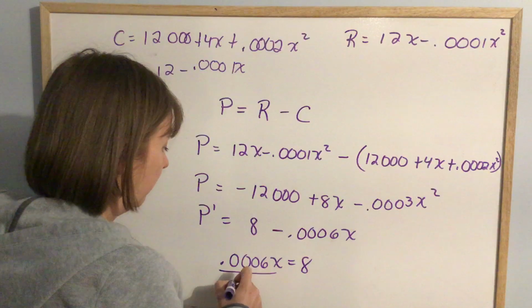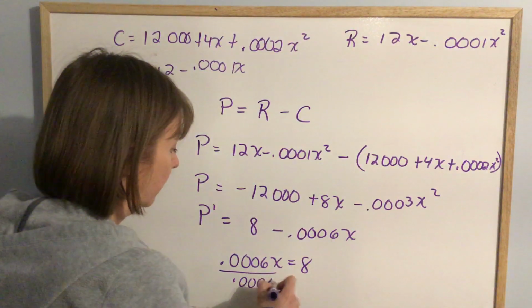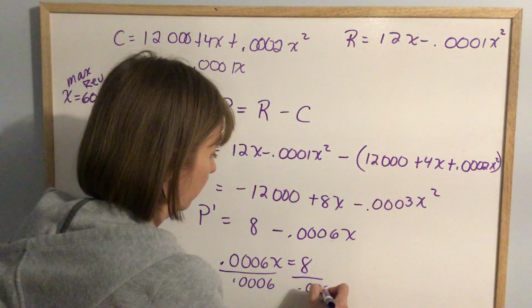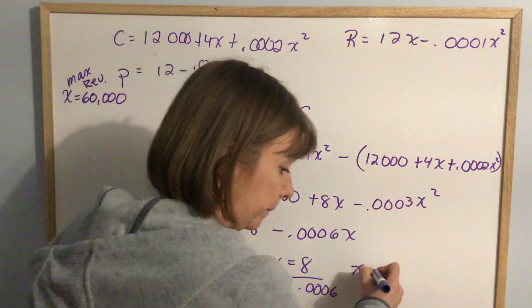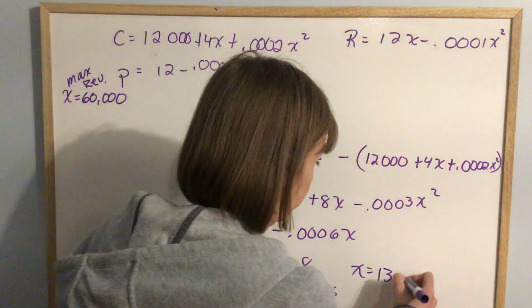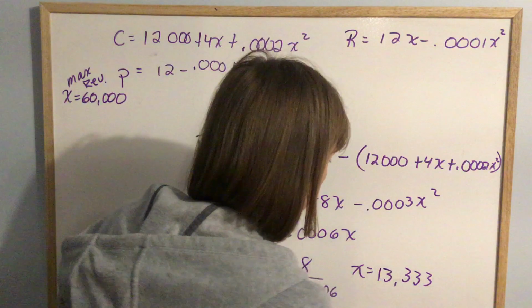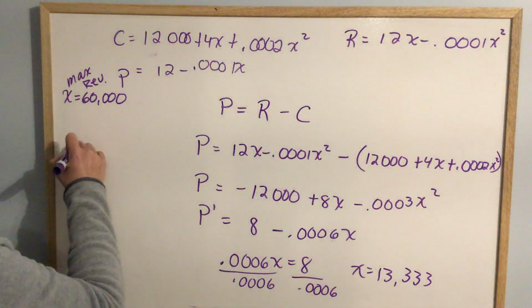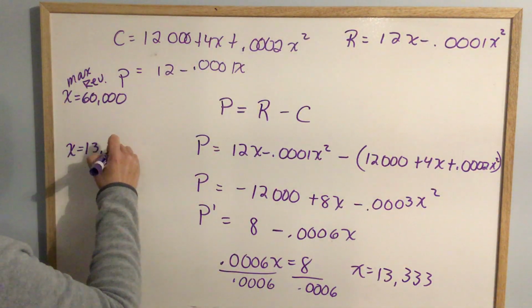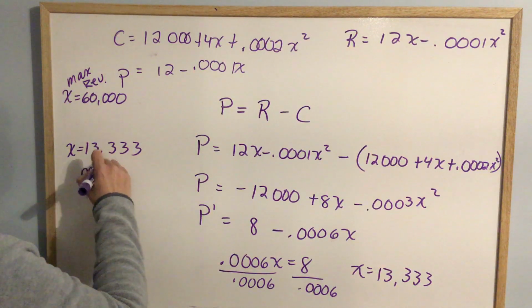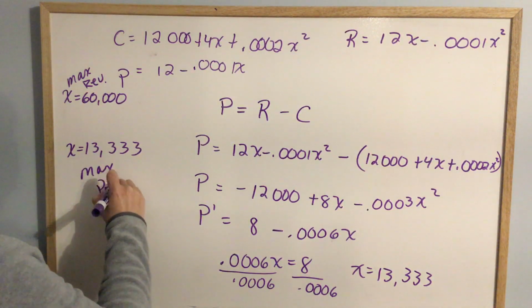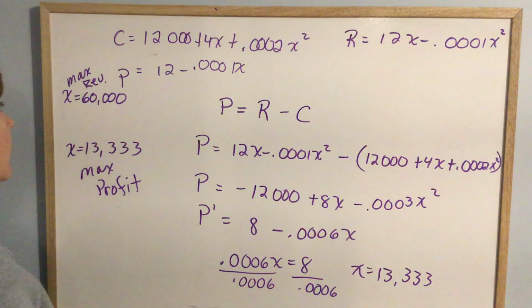Dividing by 0.0006, x is going to be 13,333. Notice that it's a very different production level in order to maximize profit.